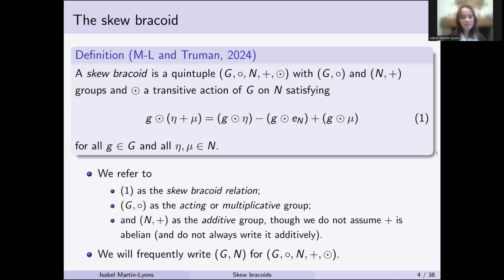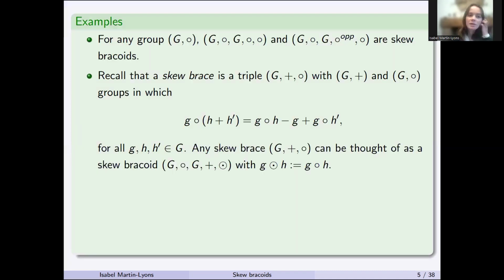G with ∘ is the acting or multiplicative group, N with + is the additive group, though we do not assume that + is abelian, and we won't always write this group operation additively. We will frequently write just the pair (G, N) for this quintuple, and often will suppress especially the multiplicative operation. Okay, so some examples.